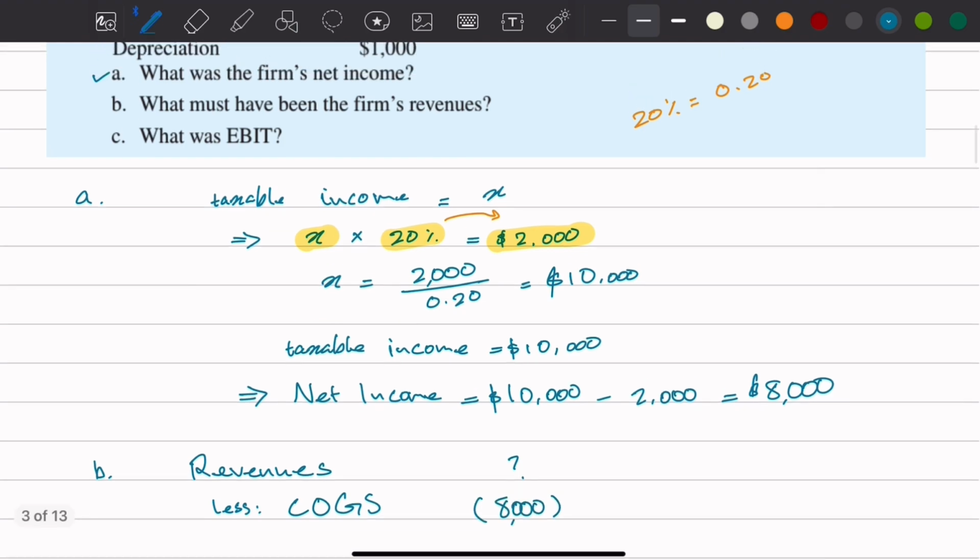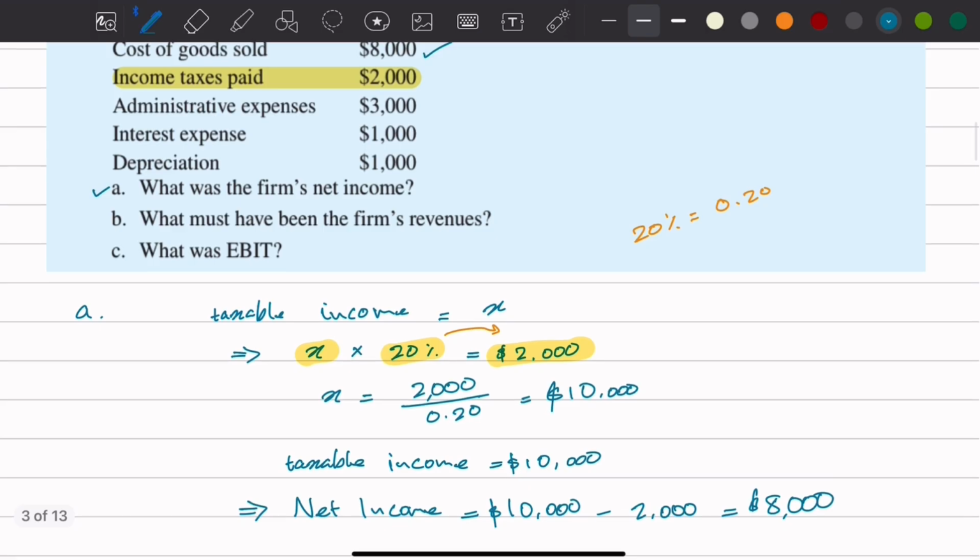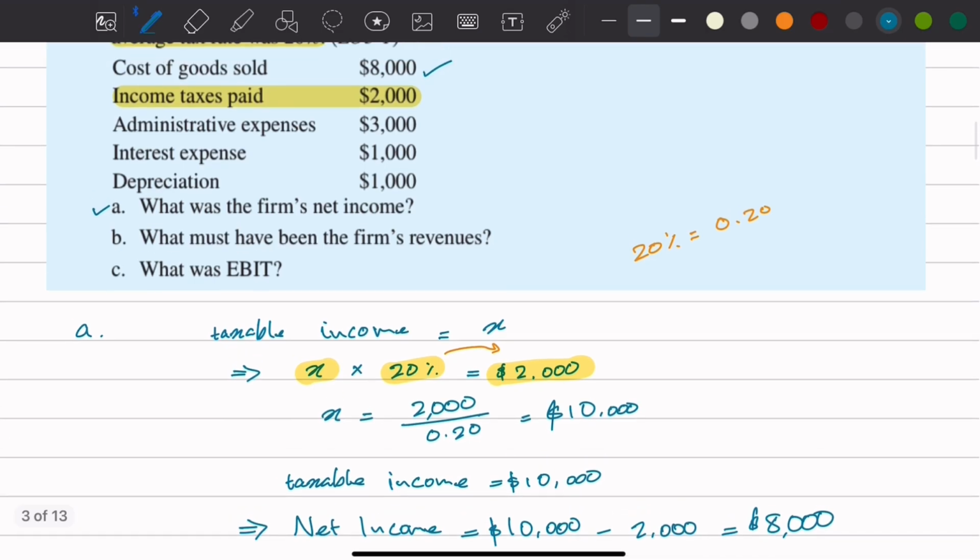And of course revenue minus cost of goods sold should give us gross margin, but we're not really worried with the correct standardized format right here. We're just going to try to find what's our revenue.